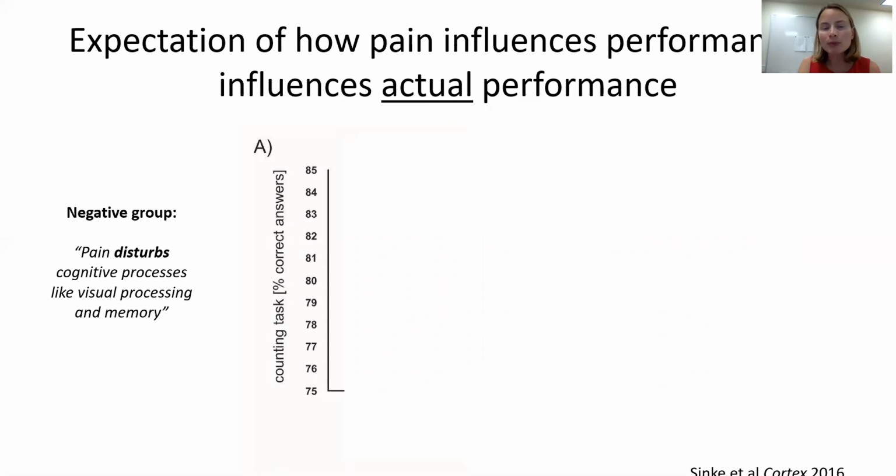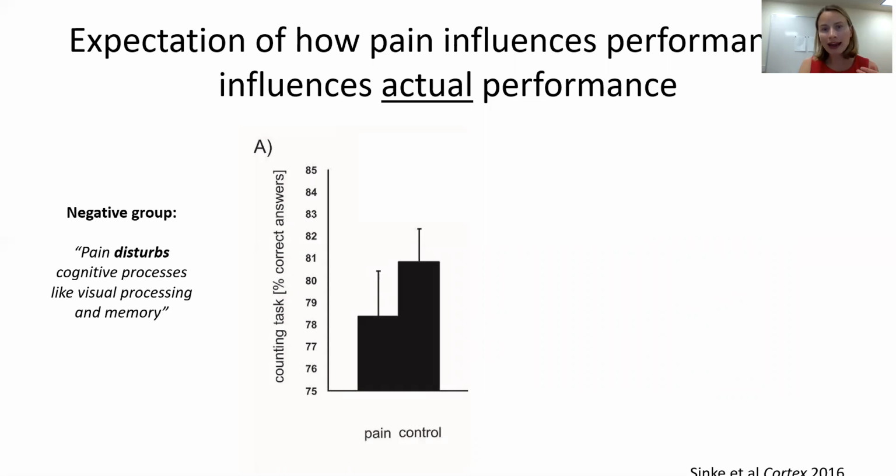When they primed people with this, they had that group do the task under two conditions. One where they felt pain, with an experimental pain paradigm, and one where it was pain-free. And indeed, when they were primed with this idea that pain disrupts cognitive processes, they did worse on the task than when they performed it pain-free.